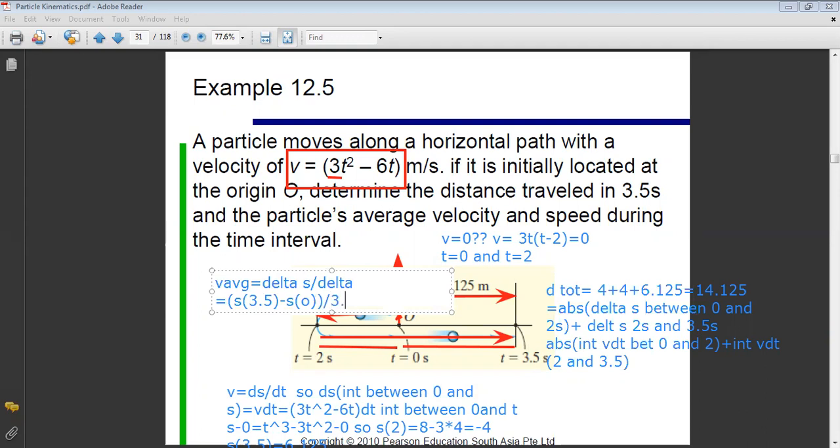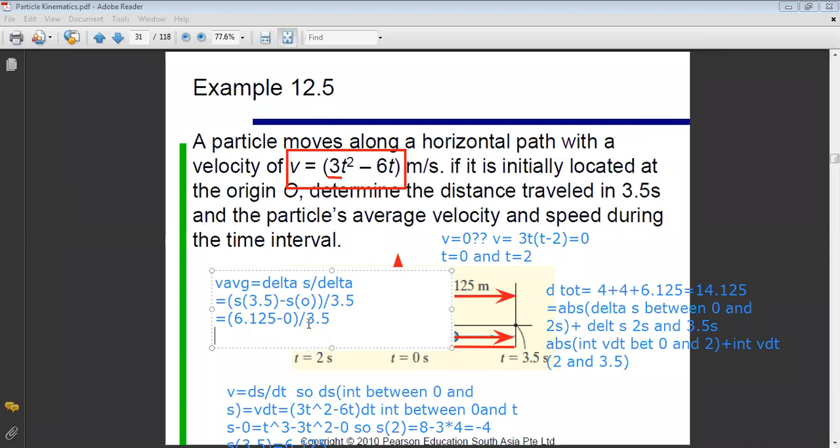So I replace s at 3.5 by its value, 6.125, minus 0. So this is delta s for the total path over delta t, which is 3.5. And I got the average velocity.